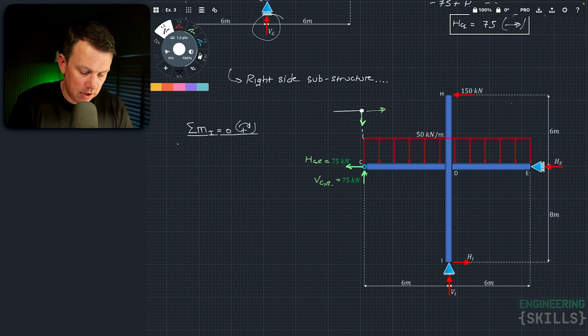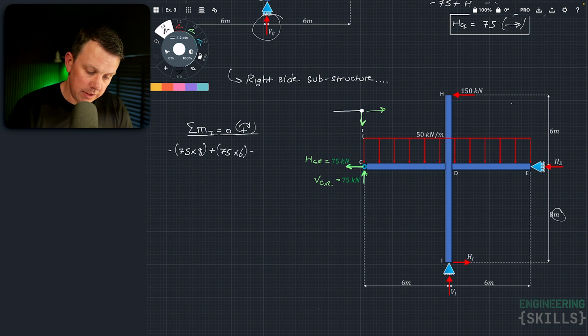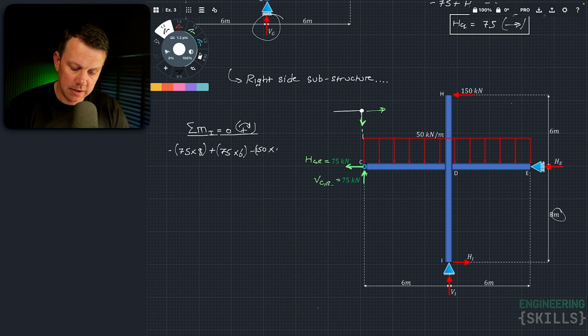So that 75 is going to generate a counterclockwise moment, so it'll be minus 75 times the lever arm of 8. Now let's look at the vertical component. That will give us a clockwise moment, which is going to be plus 75 times its lever arm of 6. Then we've got this 150 up at H generating a negative moment, so that's going to be minus 150 times the lever arm of 6 plus 8, which is 14.